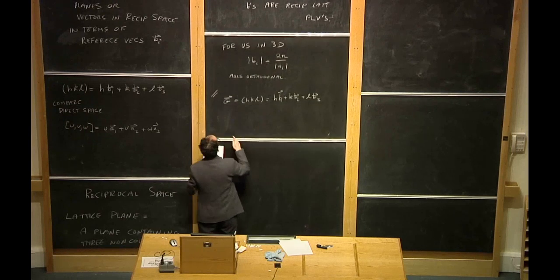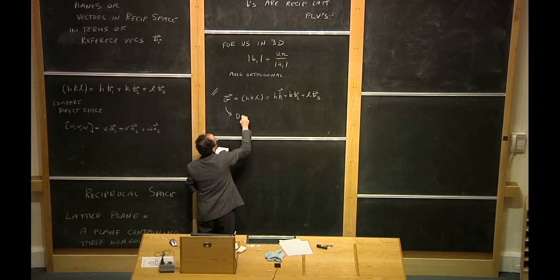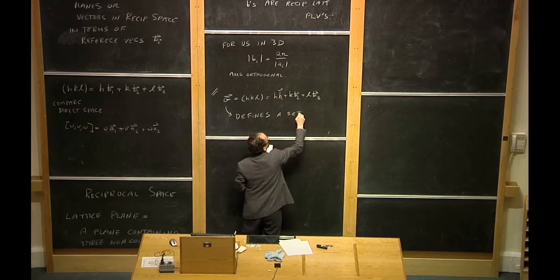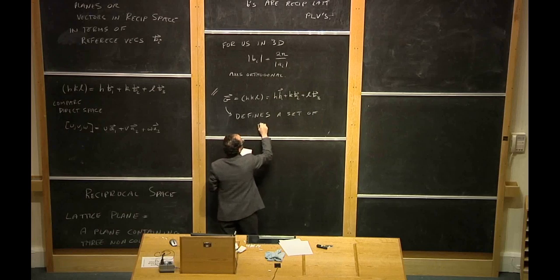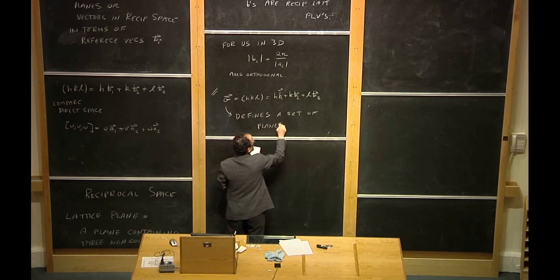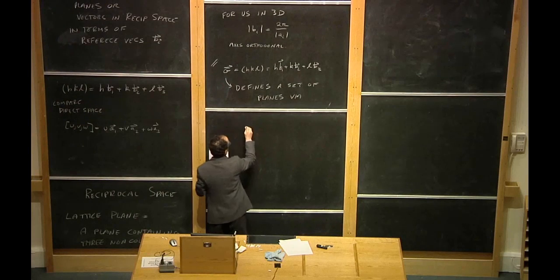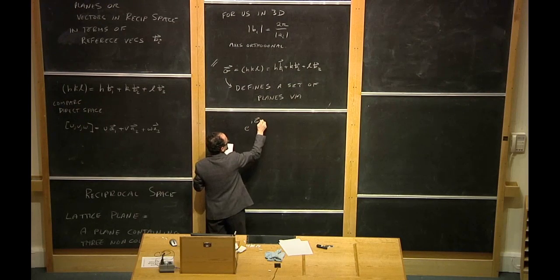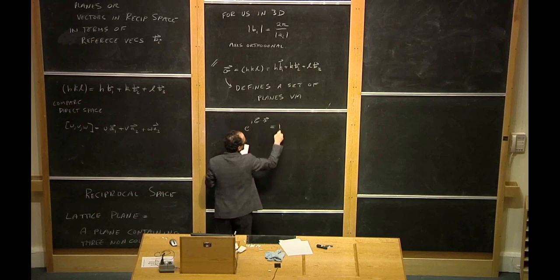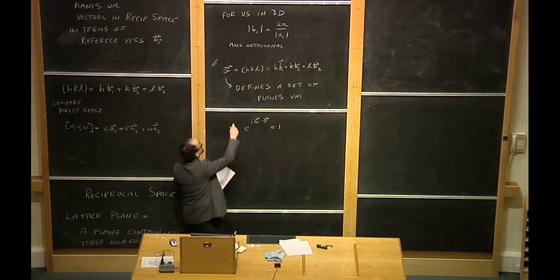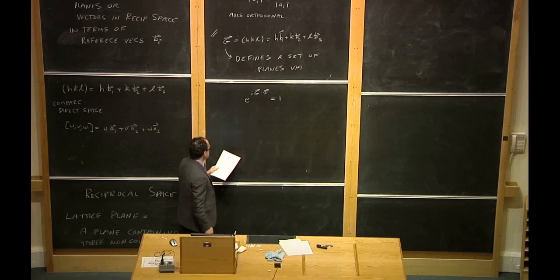But always G defines a set of planes via e^(iG·x) equals 1. So we can always define a set of planes from any vector G via e^(iG·x) equals 1.